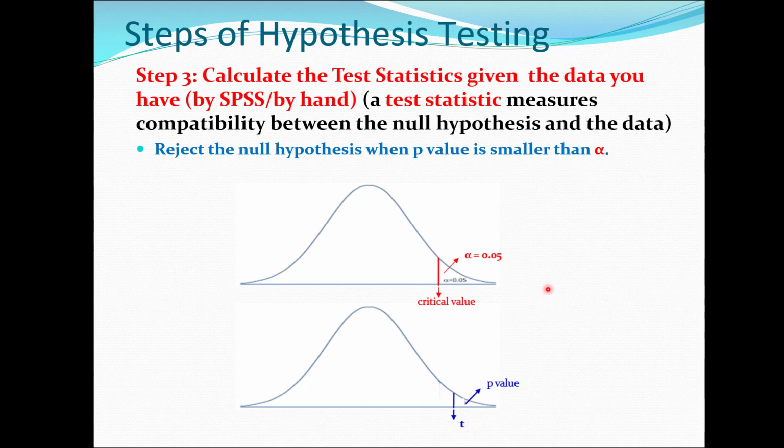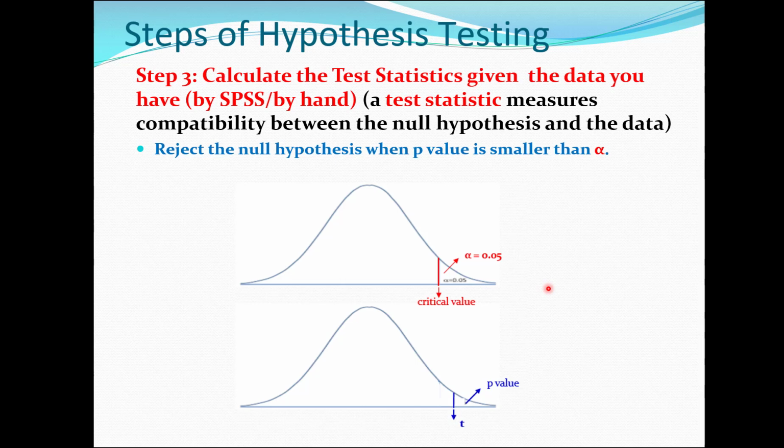Now let's go back to the question, how small is small for our p-value? The answer is, when p-value is smaller than alpha, we will say p-value is small enough, and then we can reject the null hypothesis. Why, when p-value is smaller than alpha, do we say it's small enough?